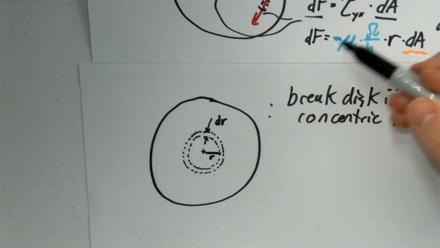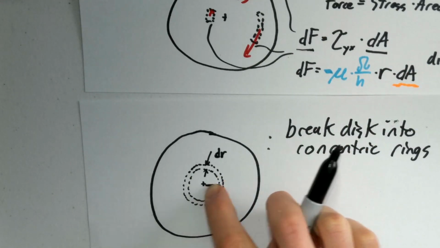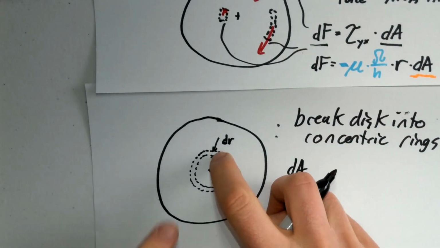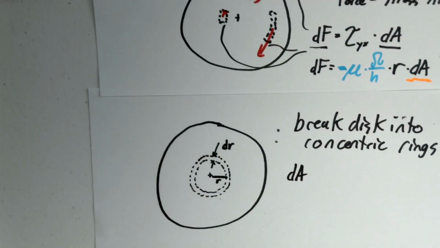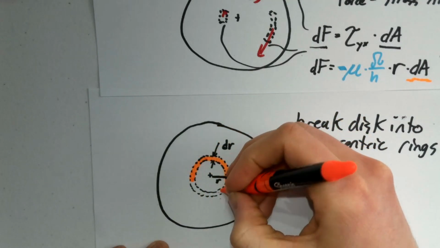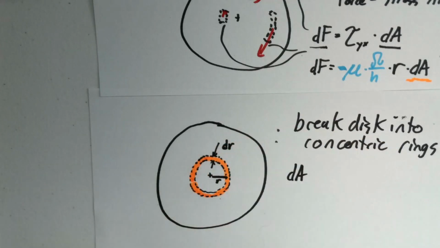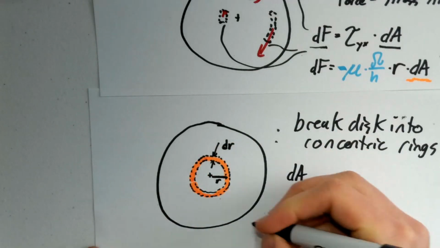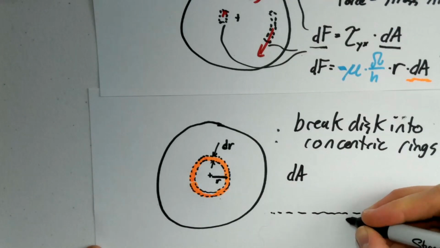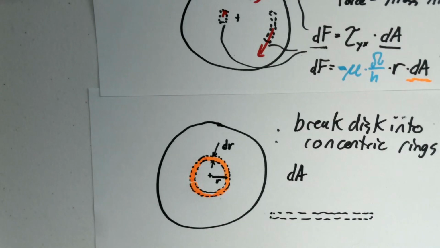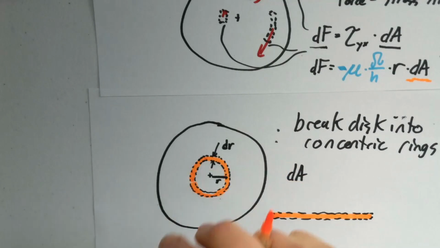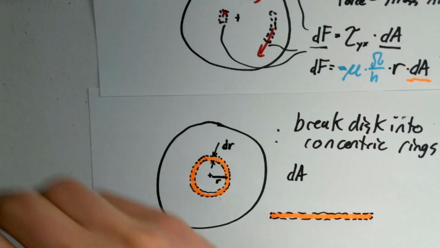So how does dA relate to each of these things? Well, dA is essentially what we get if we take this little infinitesimal ring right here, and we unwrap it, right? So if we take this ring and imagine unwrapping it into a little rectangle that has the same dimensions as this original thing, what would be the area of this rectangle?